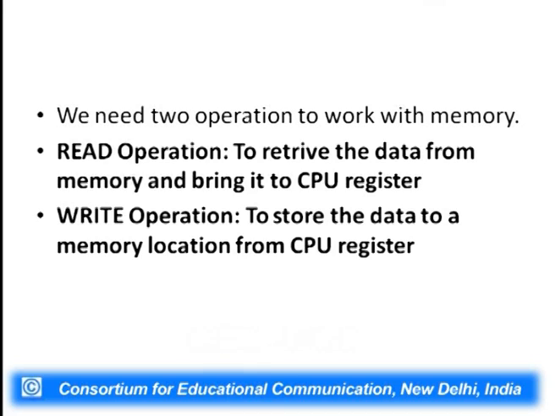Now to point to a specific memory location, we need to know the address of that particular memory location. There are two types of operations seen while working with a memory: a read operation and a write operation. Read means to retrieve the data that is there in the memory, that is, to read from the memory and bring it to the CPU register.